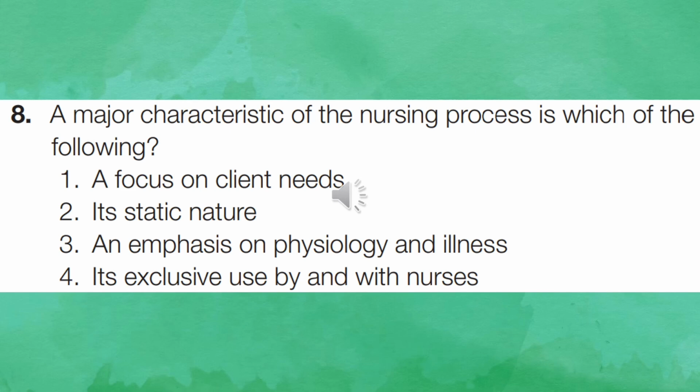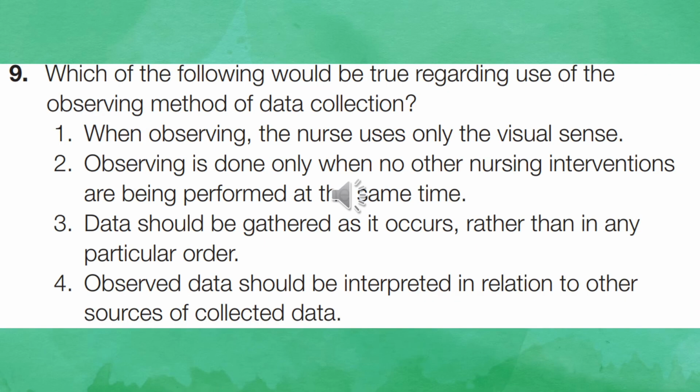Okay. For question number 9, which of the following would be true regarding use of the observing method of data collection? 1. When observing, the nurse uses only the visual sense. 2. Observing is done only when no other nursing intervention are being performed at the same time. 3. Data should be gathered as it occurs rather than in any particular order.